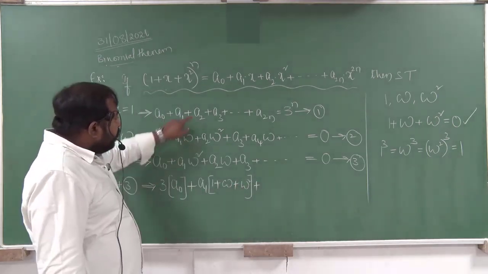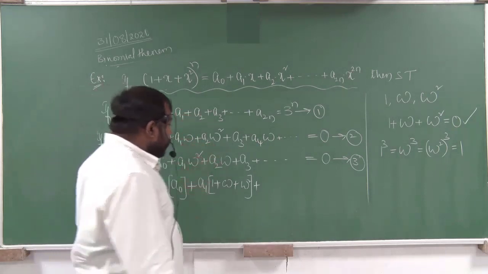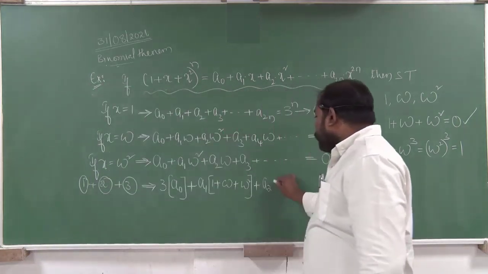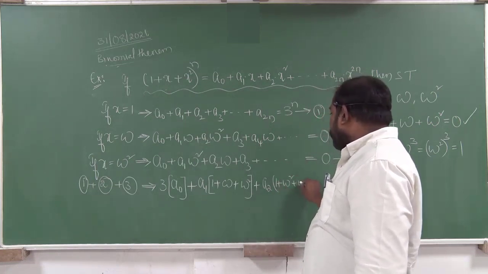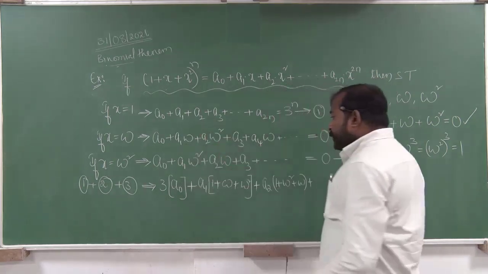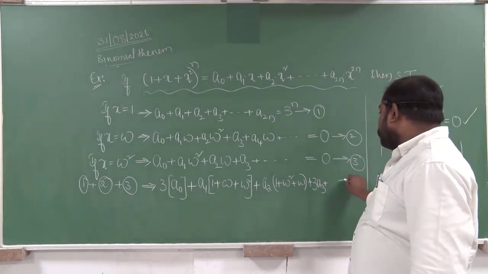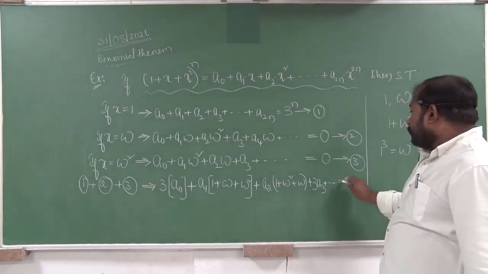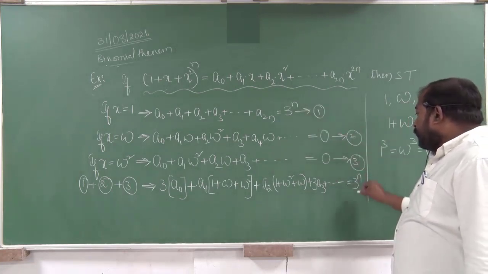Plus next, a2 into 1 plus omega square plus omega, plus a3 plus a3 plus a3, 3a3 I can get. Like that I will get the terms, which is equal to this side, the value 3 power n I can get.